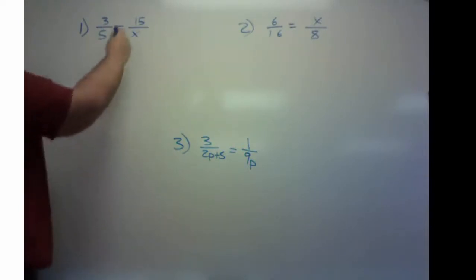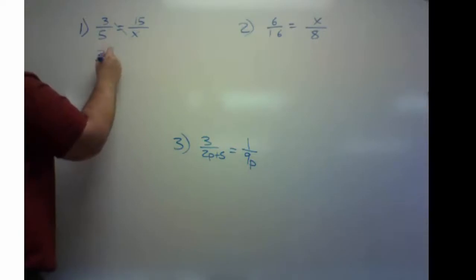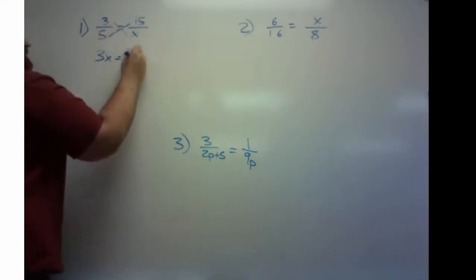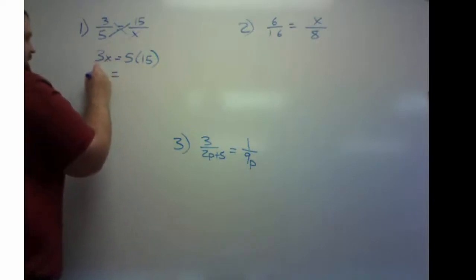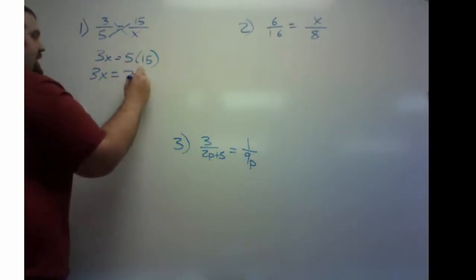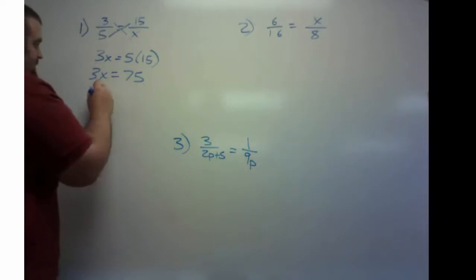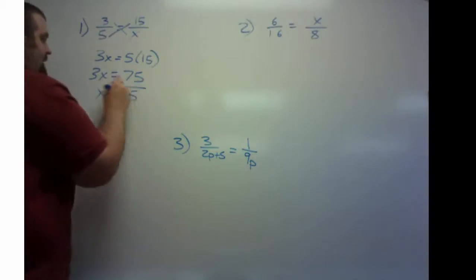So, cross product, it's a proportion. Good, I can do the cross product. 3 times X equals 5 times 15. Simplify the right side. 3x equals 75. Divide both sides by 3. X equals 25.